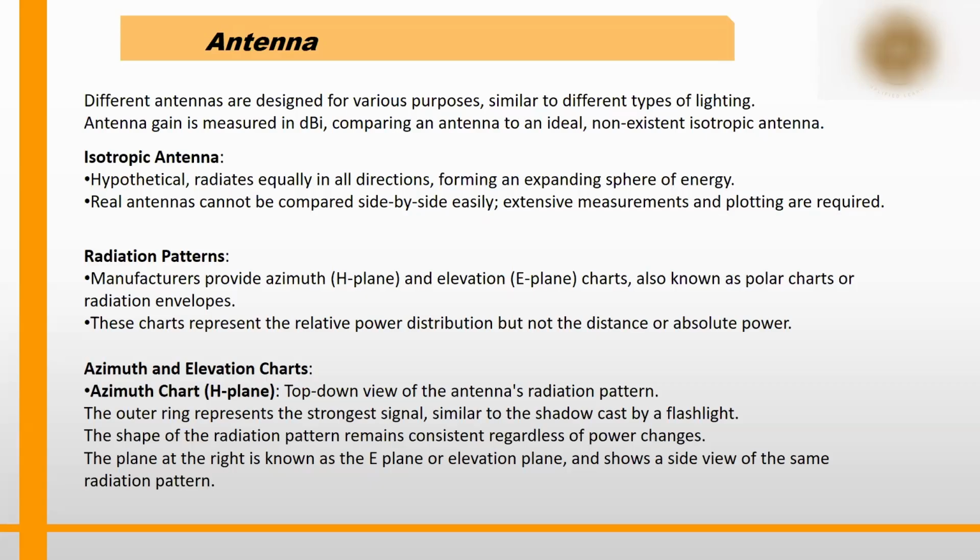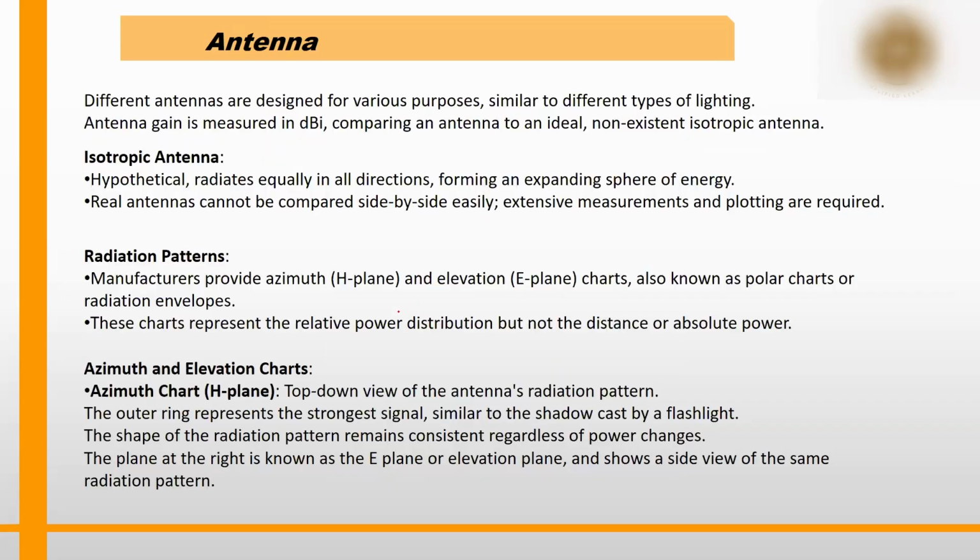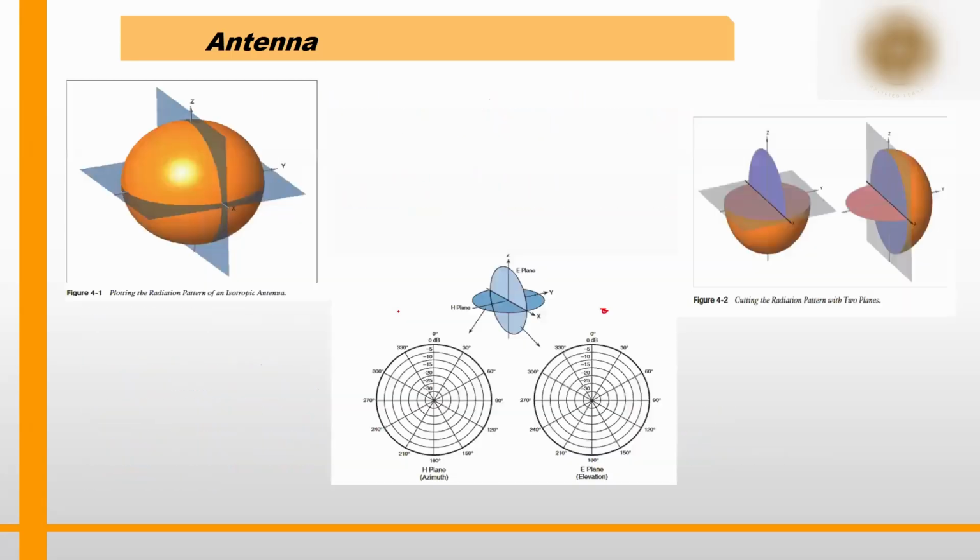The plane at the right is known as the E plane, that is here. And this side is called the H plane. The E plane, or elevation plane, shows a side view of the radiation pattern. The H plane is horizontal; you see it when you are looking from above.